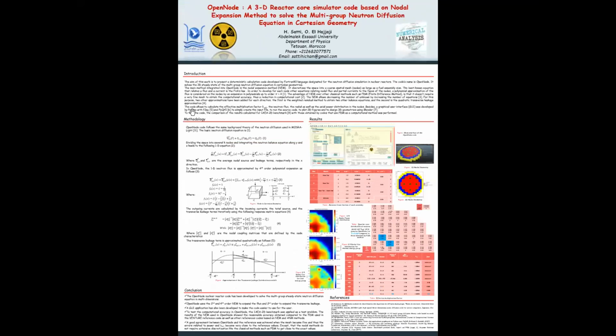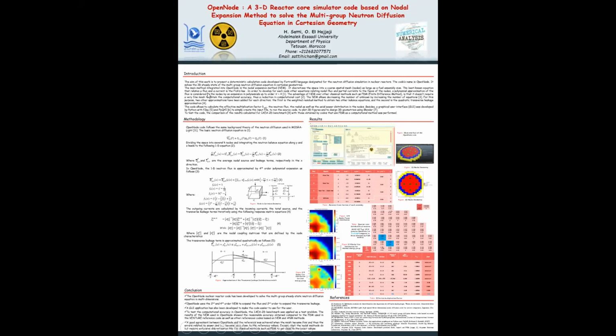Hello everyone. The project I am going to present is the development of a neutron diffusion code using the nodal expansion method to simulate 3D reactors in Cartesian geometry. To begin, I will start with a general introduction.